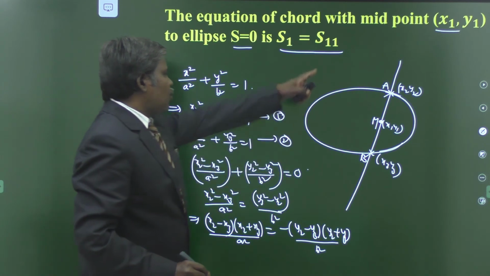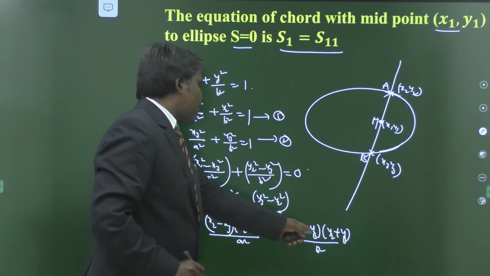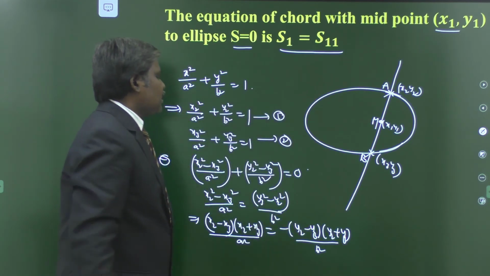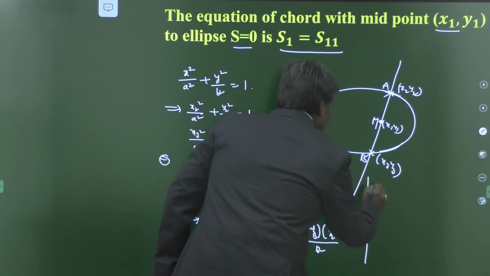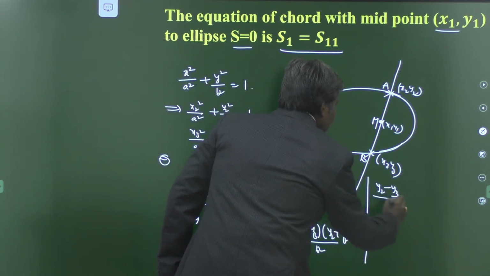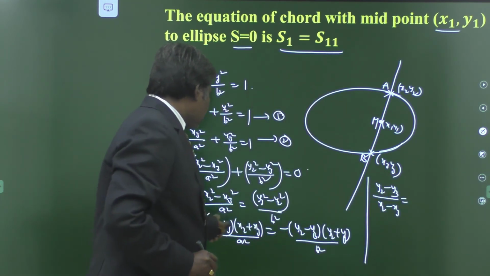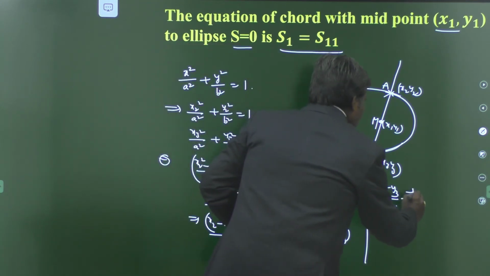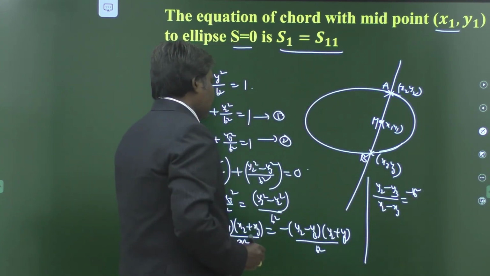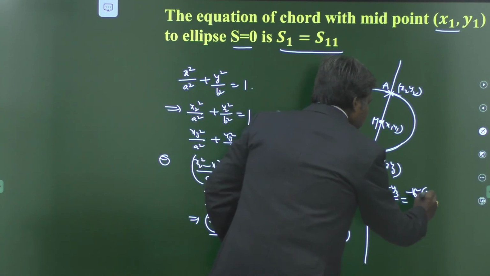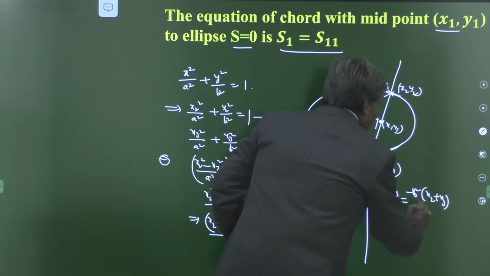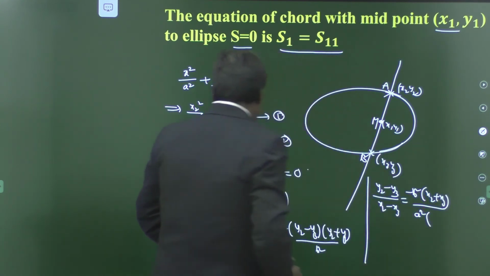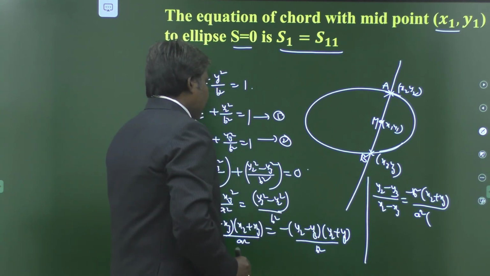So can I get the slope of that line or not? What is the slope? (y2 minus y3) by (x2 minus x3). So (y2 minus y3) by (x2 minus x3) is nothing but minus b square times (x2 plus x3) by a square times (y2 plus y3).